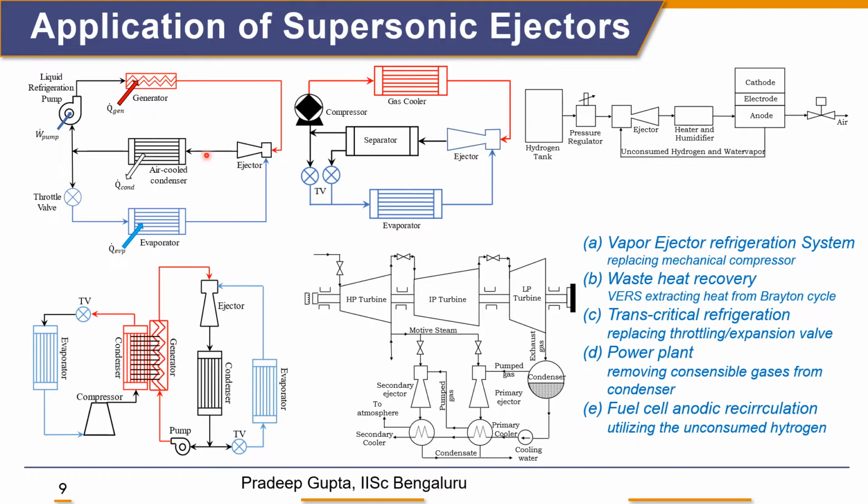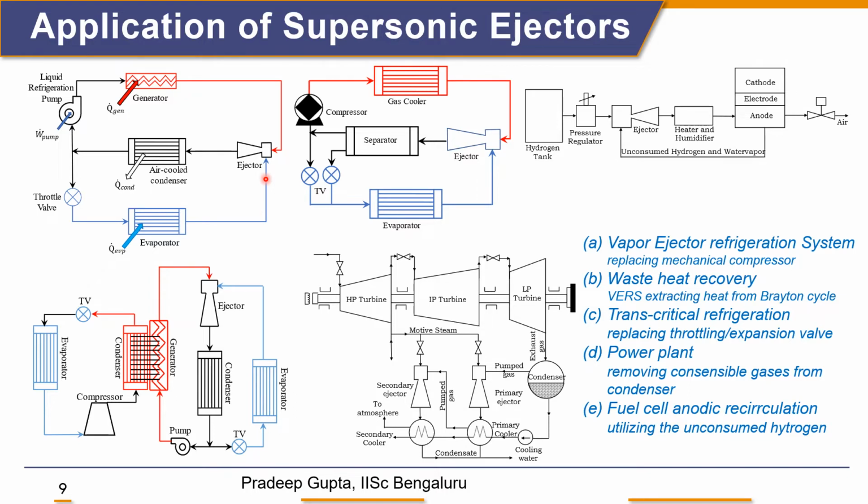The first one is the vapor ejector refrigeration system. This is an alternative refrigeration system to the vapor compression refrigeration system. I am sure that you know about the vapor compression refrigeration system, where we have the evaporator, throttle valve, the condenser, and the compressor, which requires mechanical power to drive the compressor.